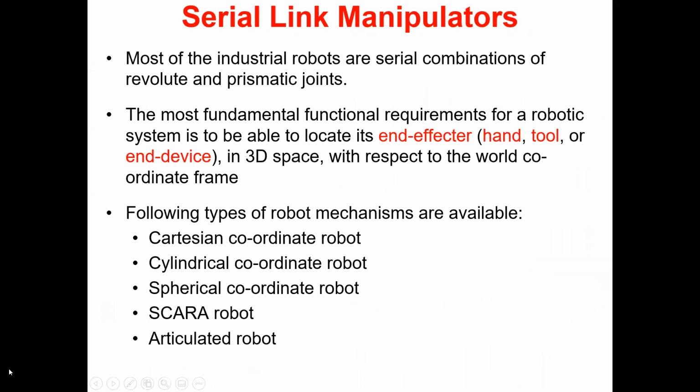And the next one is the cylindrical coordinate robot. So now you can recall your memory about the cylindrical coordinate system. In the cylindrical coordinate system, you have a different way to locate a point within the coordinate frame. You have the rotary axis, which gives you an angle, whereas in the Cartesian coordinate system, you don't have a rotary axis.